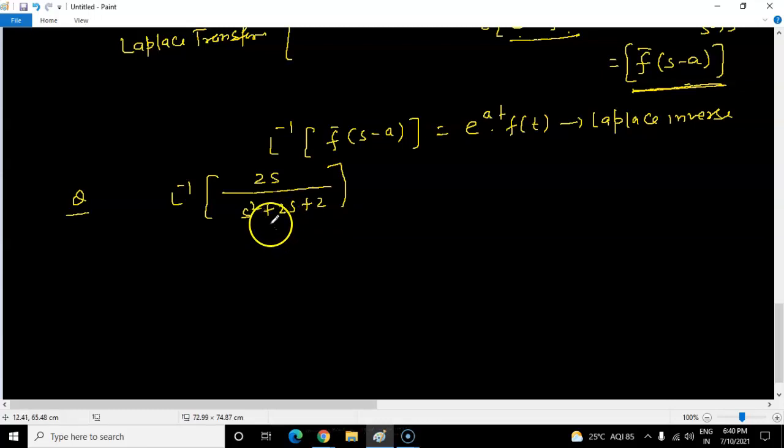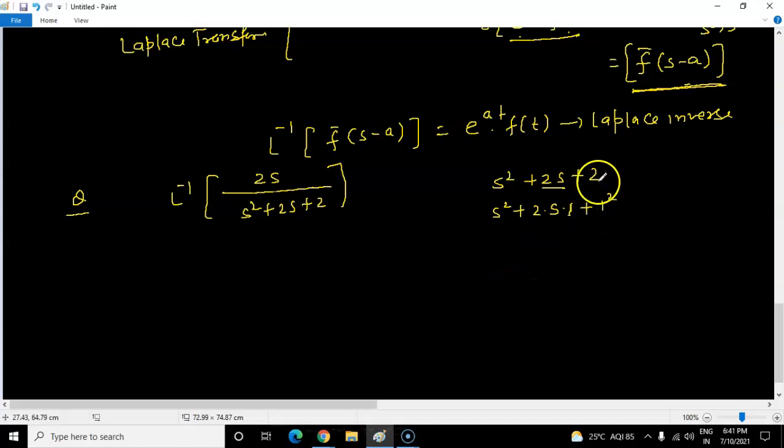So here I can write s square plus 2s plus 2 like a square plus 2ab plus b square. 2ab means a is s, and b, what will you substitute here, so it becomes 2s. So only one you have to substitute. b is 1, so b square should also be 1.